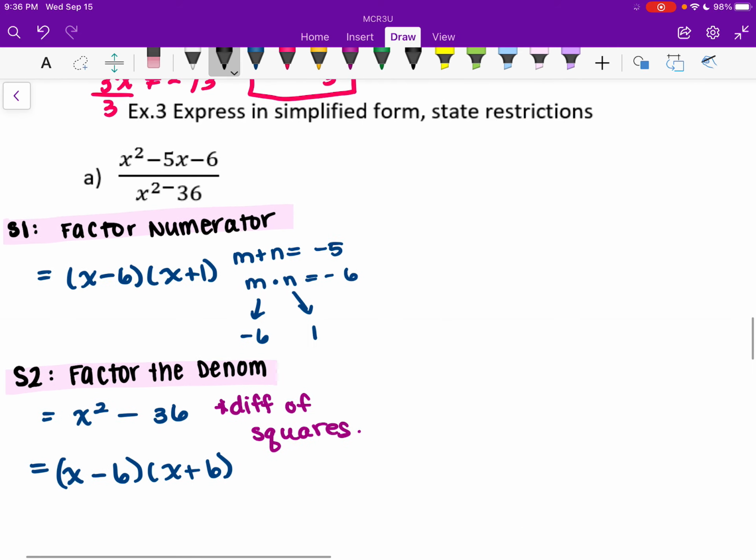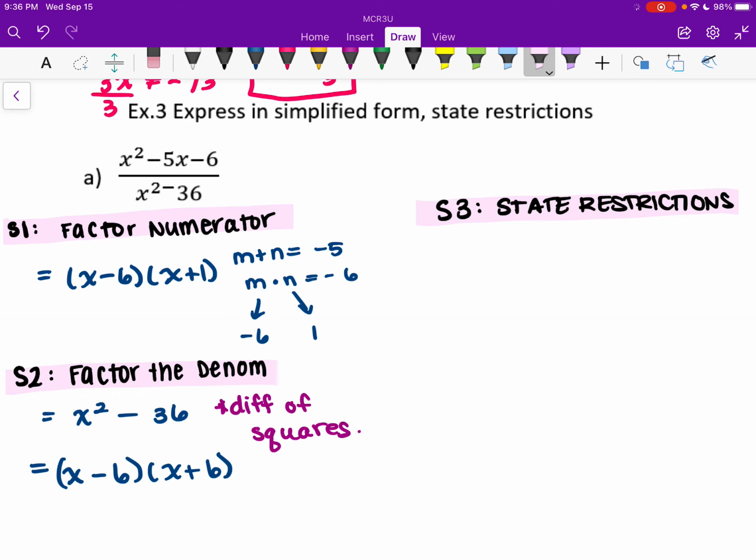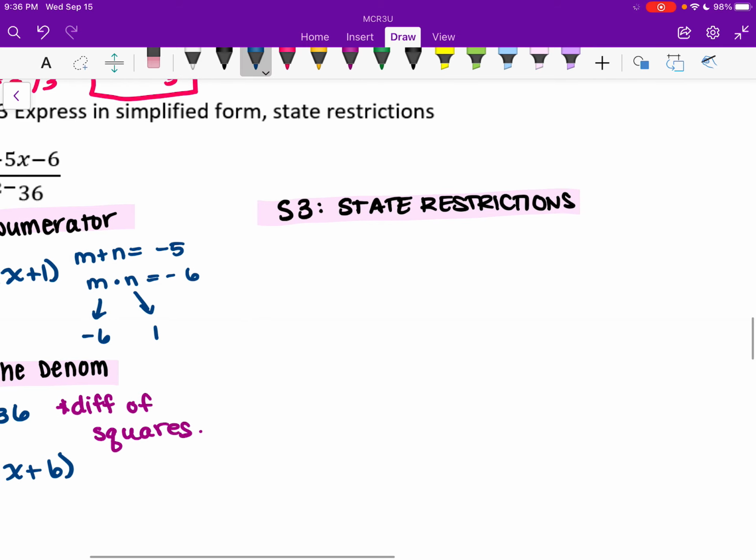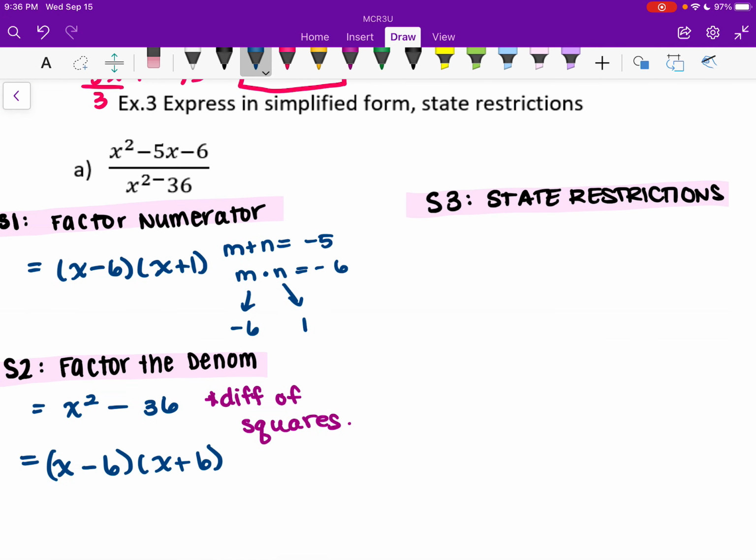Step 3 now is to state the restrictions of the denominator. I'm just going to look at the denominator. Once it was factored, we found it was x minus 6, x plus 6.